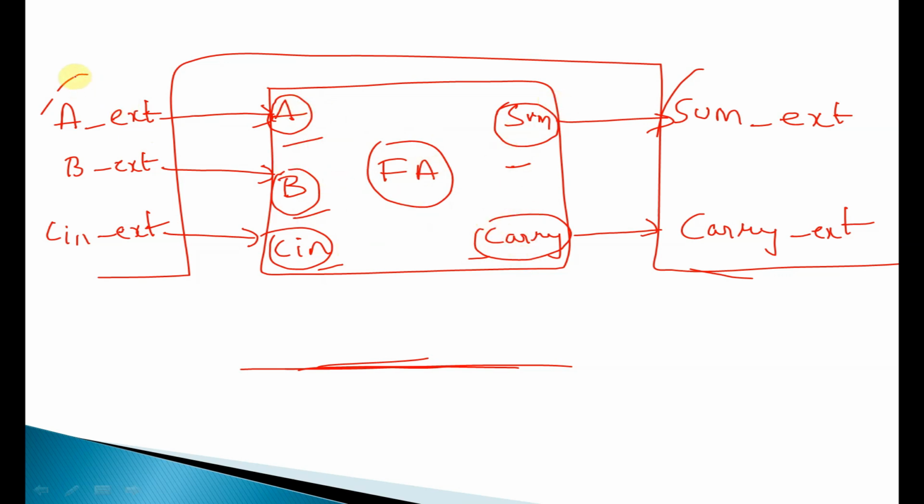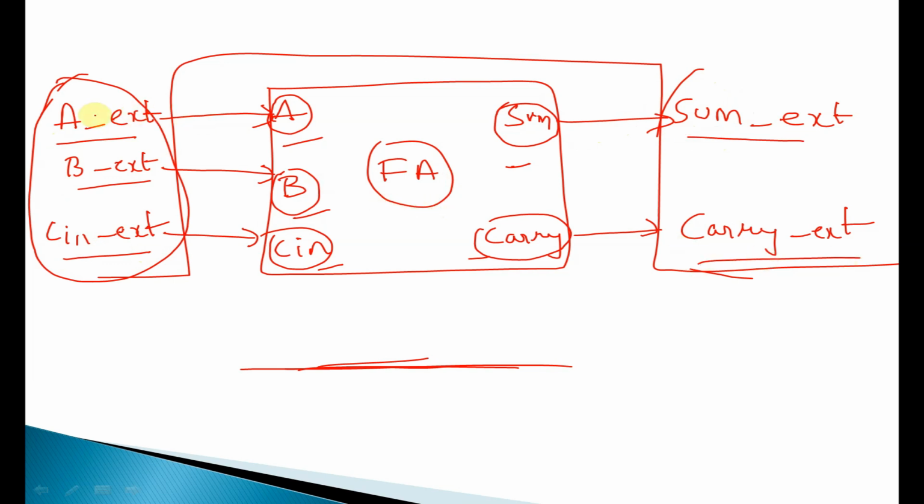And the signals associated with the outside environment, that is, which are driving the input ports and which are collecting the data from the output ports, are A_external, B_external and C_external and sum_external and carry_external.